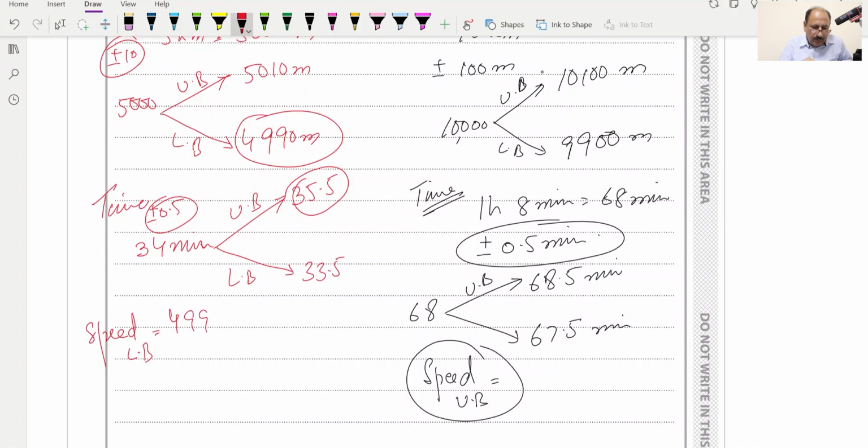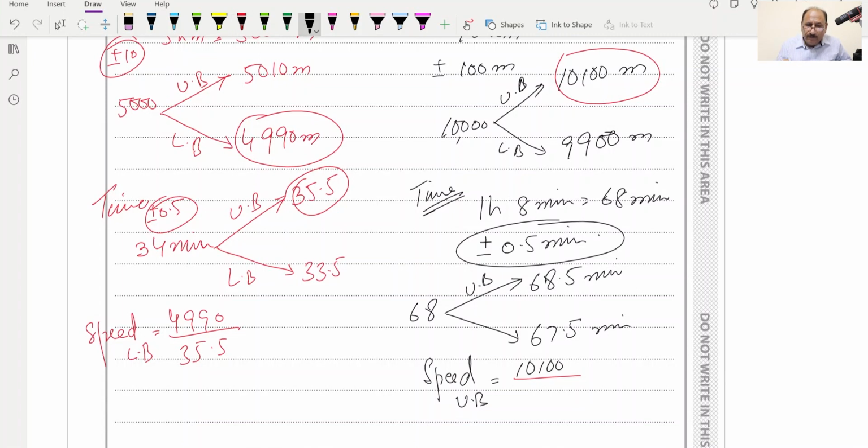So 4990 divided by 35.5. And for the upper bound answer, we take the upper bound of distance, which is 10,100, and divide it by the lower bound of time, which is 67.5.